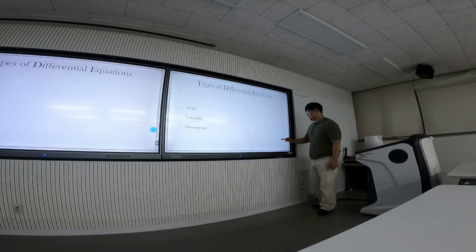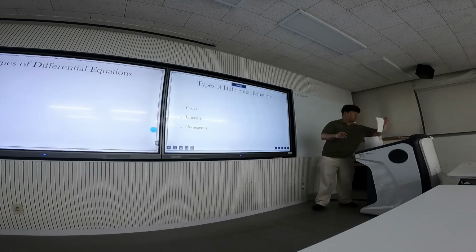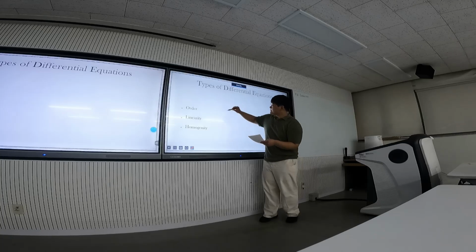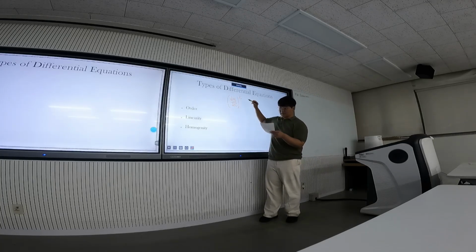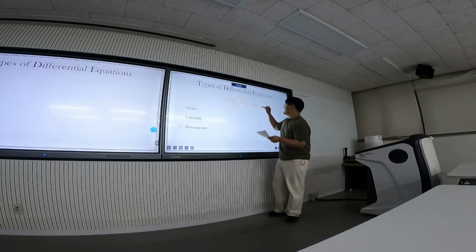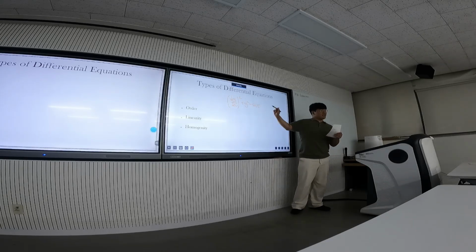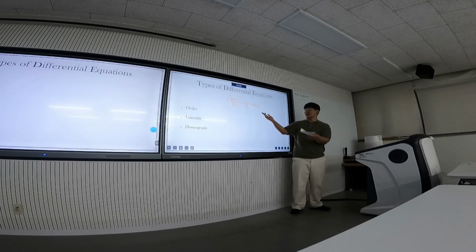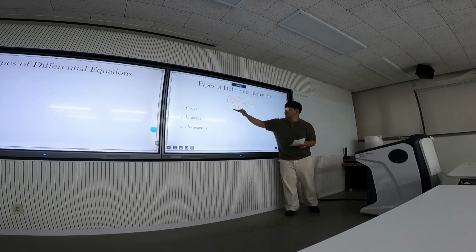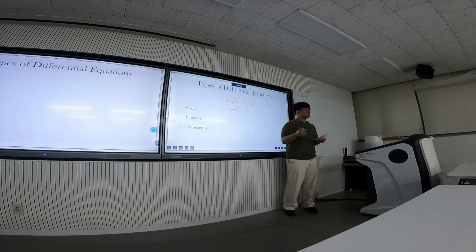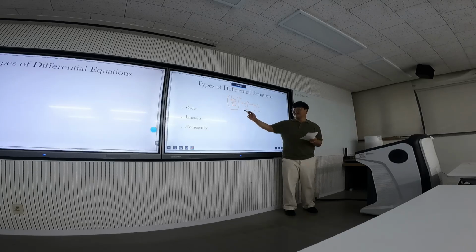And how about linearity? Let me write some examples. y squared is sine of t. Is this equation linear or not? No. Why? What term is the problem? First one, second one, third one. What's the problem? First one and the second one. They're all problems.